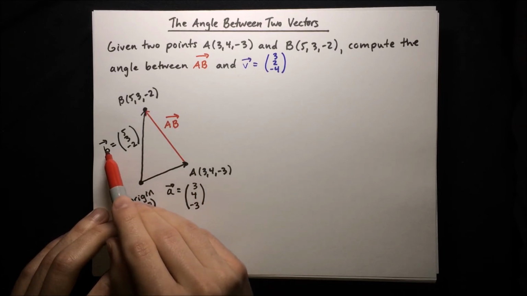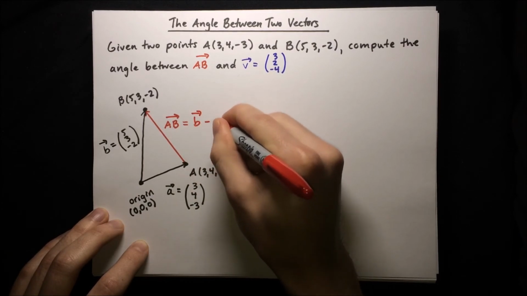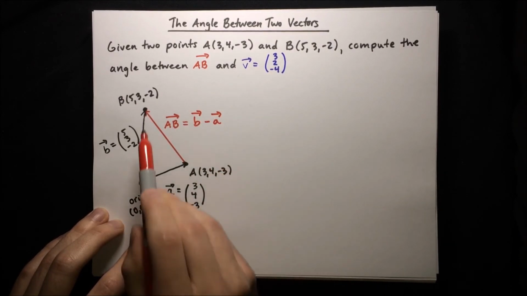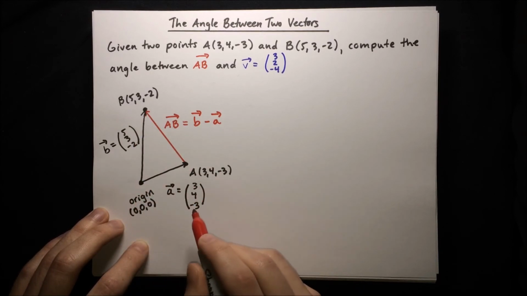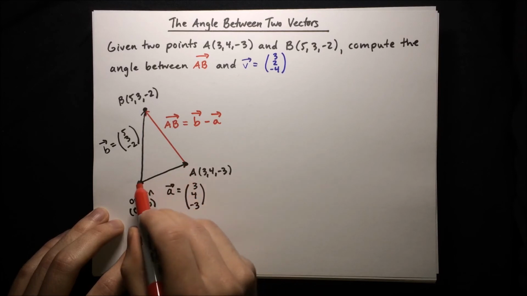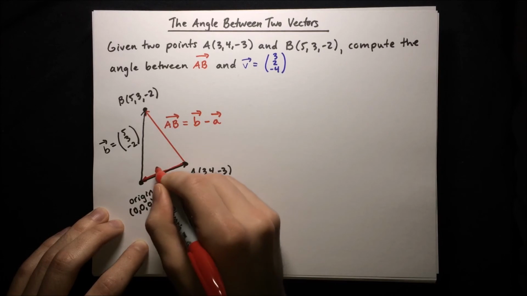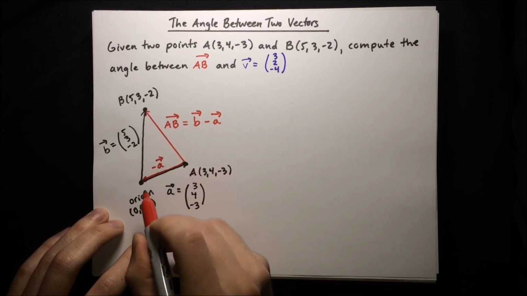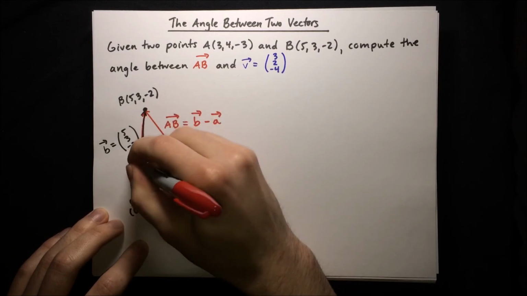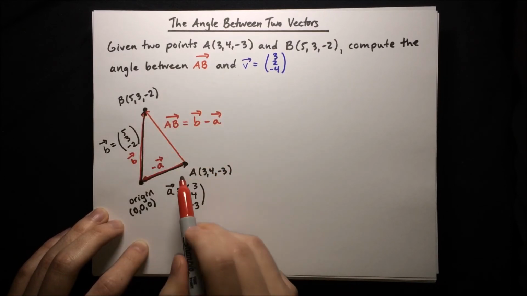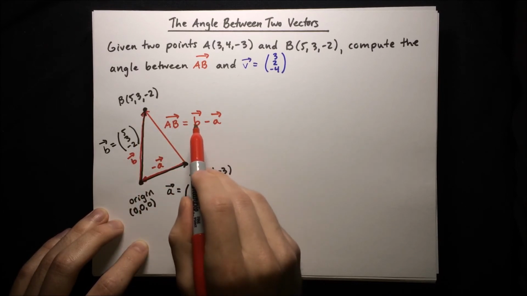We can just take the vector B minus the vector A. And the reason we can take the terminal vector minus the initial vector is that we're really just following the vector negative A to the origin, and then we're following the vector B, just regular B, to the point B. So we're going from A to the origin to B. So that's negative A plus our vector B.